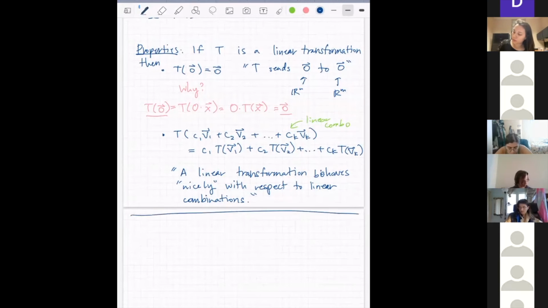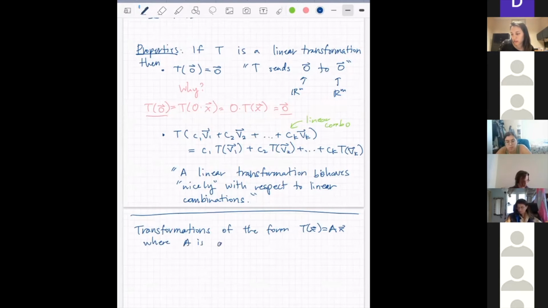We can create transformations of the form A times X, by taking a matrix and multiplying it by our vector, our variable in this case, where A is an m by n matrix.